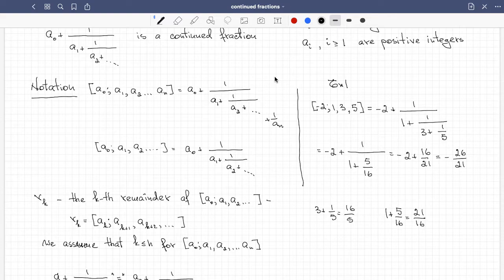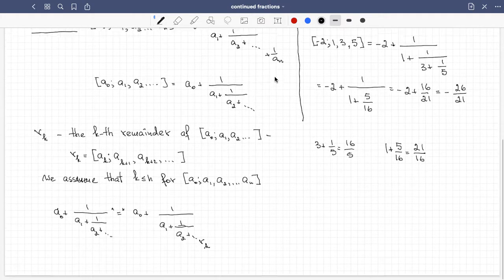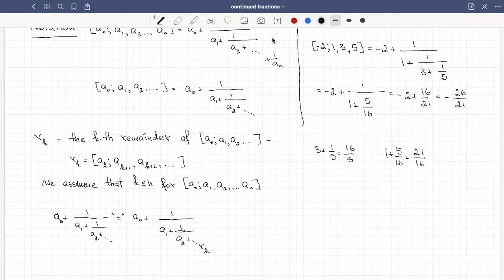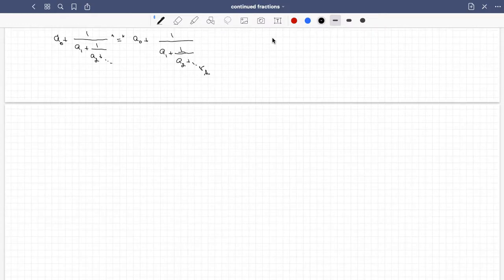The natural question is, do we produce any rational number in this way? And the answer is yes.